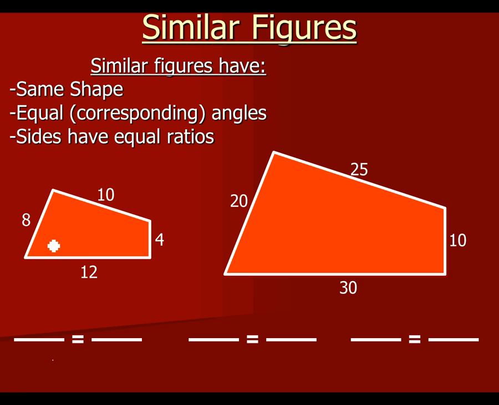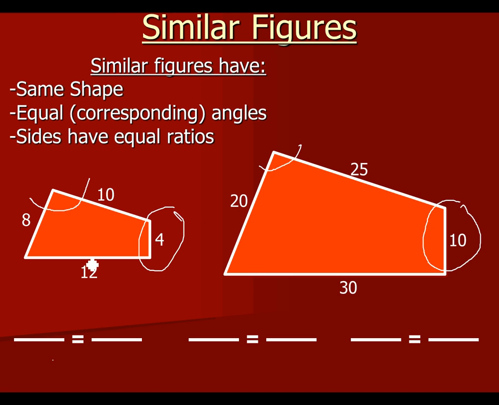I should also preface this by explaining what corresponding means. Corresponding basically means same relative position. So this angle right here is in the same relative position as this. This side right here, 4, is in the same position as this.